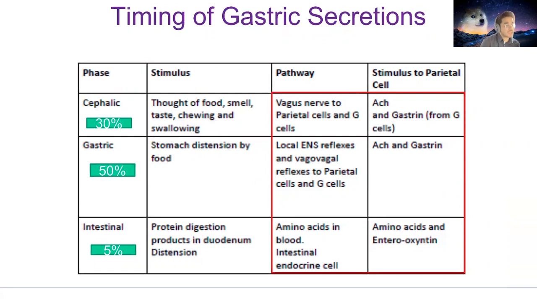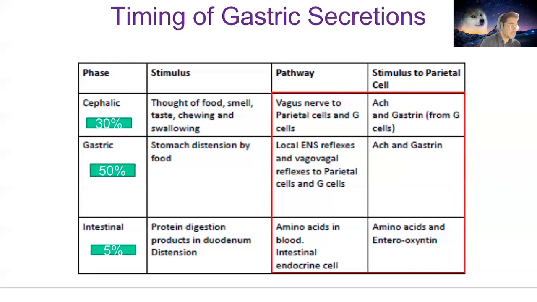But what happens is it leads to the stimulation of acetylcholine, right? And gastrin. You guys know what acetylcholine and gastrin do, because they're part of your parasympathetic as well as your G cells. Your G cells are going to stimulate your parietal cells to release more hydrochloric acid, preparing for the food that's about to come in. That's the cephalic phase.